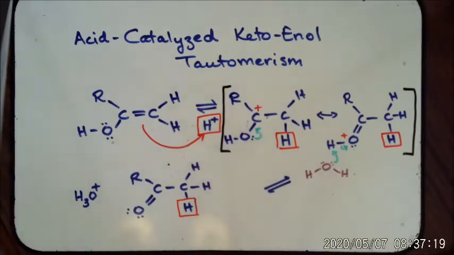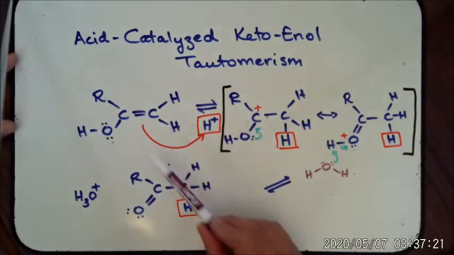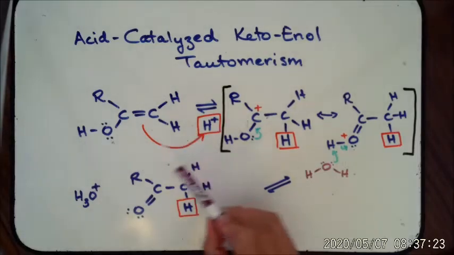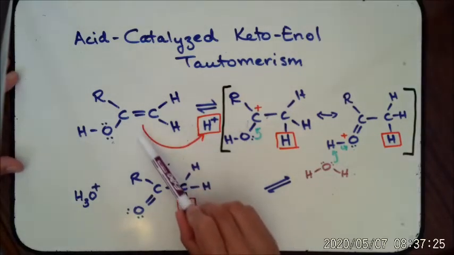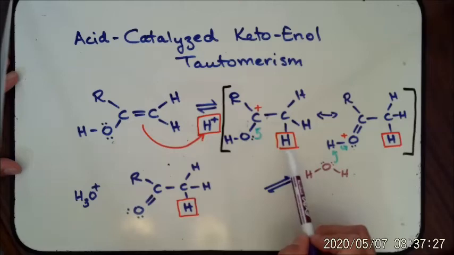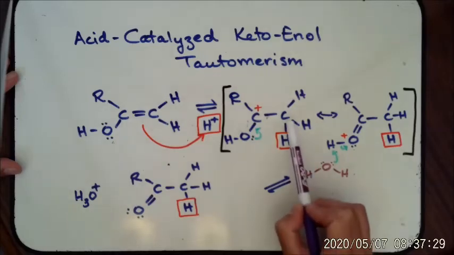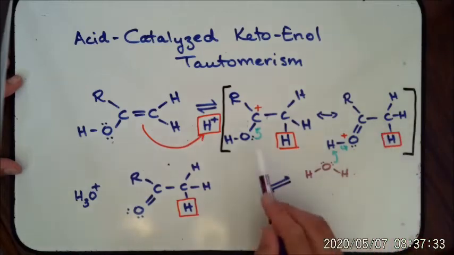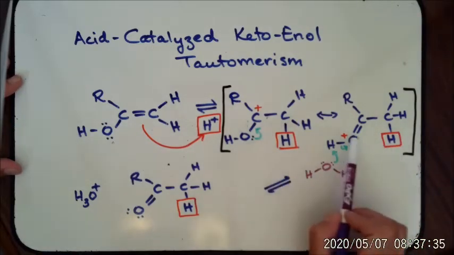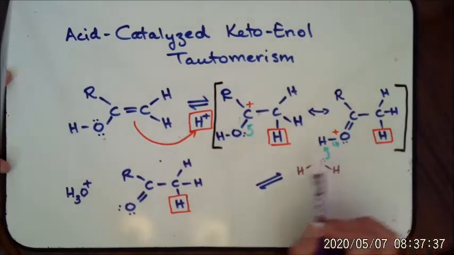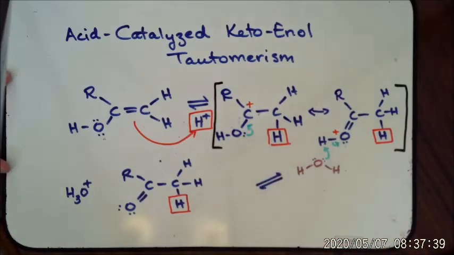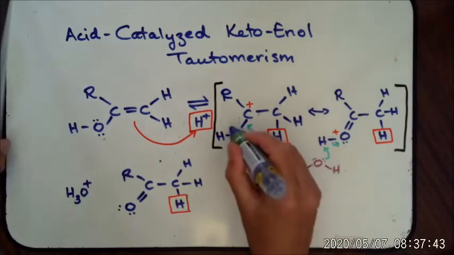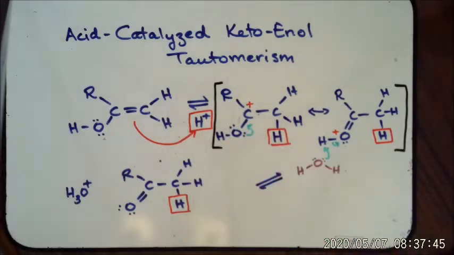What happens in this case is that in the presence of acid, my double bond attacks the acid, and this is a hydrogen bonded to the carbon, and I form the carbocation right here, which has a resonance form. The resonance form is that these electrons move down and form the double bond.